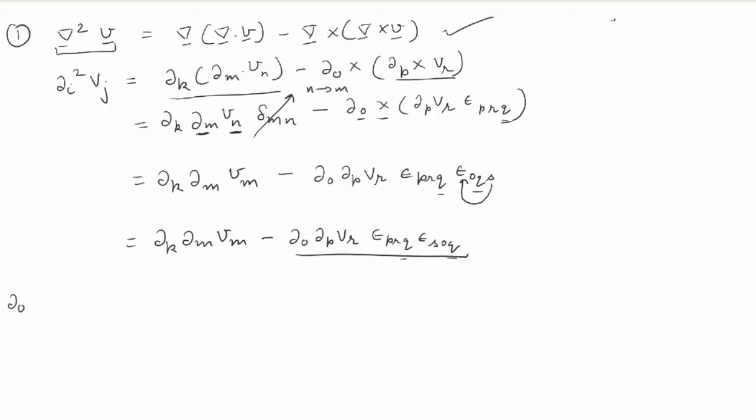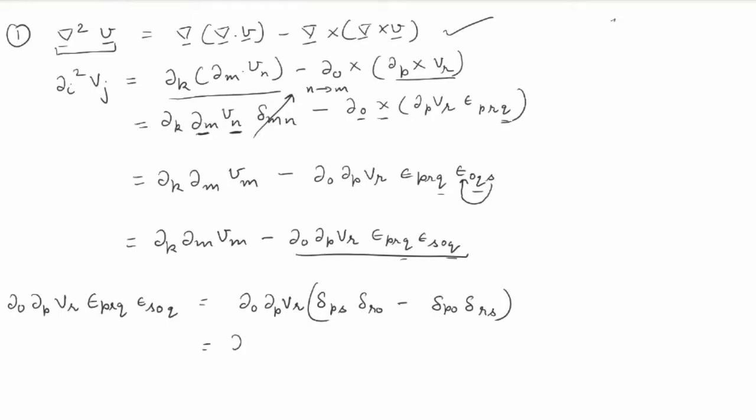So ∂o ∂p vr εprq εsoq is equal to ∂o ∂p vr δps δro minus, this is Kronecker delta, δpo δrs.